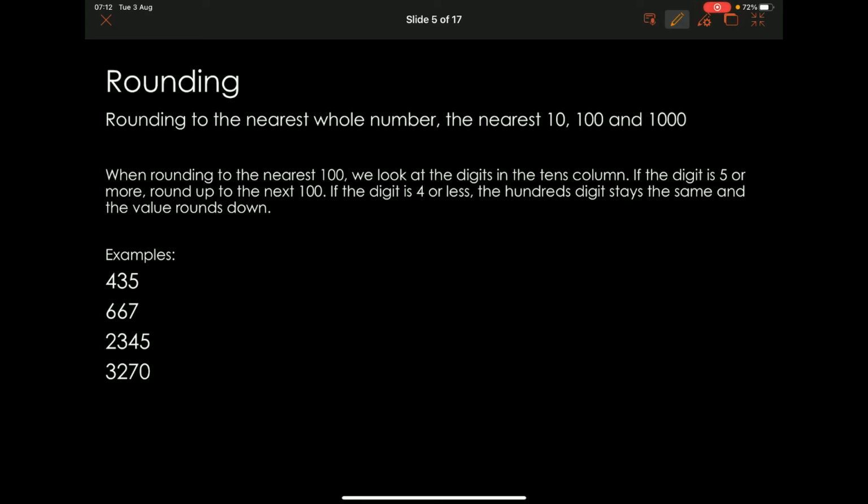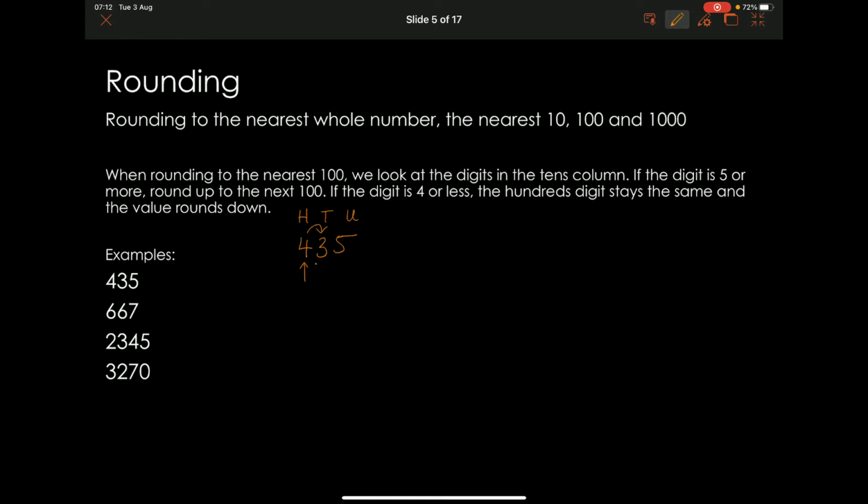Okay, so first of all, looking at 435. Remember, we're rounding the hundreds column, but we always look to the one to the right. Okay, so this is our units. We don't need that anymore because we're not rounding tens. This is our tens and this is our hundreds. So if we're rounding to the nearest 100, we look at the tens column.